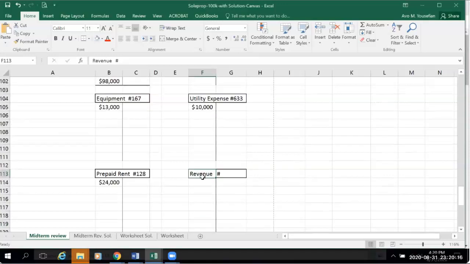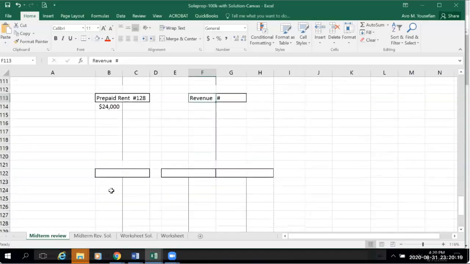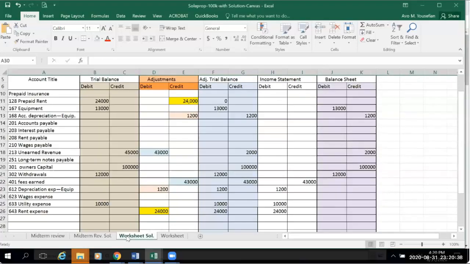So I'm going to leave this revenue here for now, since I did it already. So here I call it unearned revenue, just like that. There's not that much room. The number, I forgot, what was that? 213. Where is it? Unearned revenue, 213.